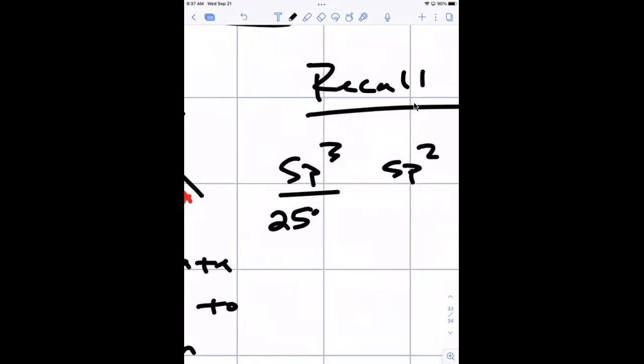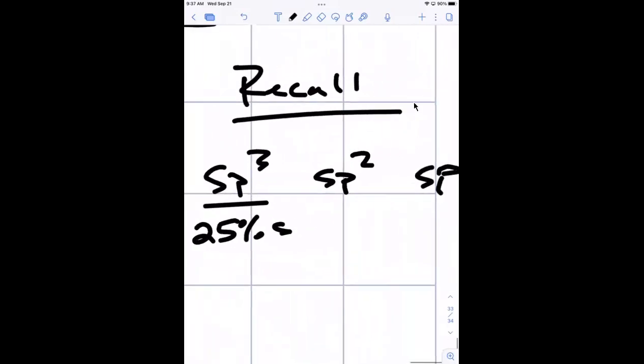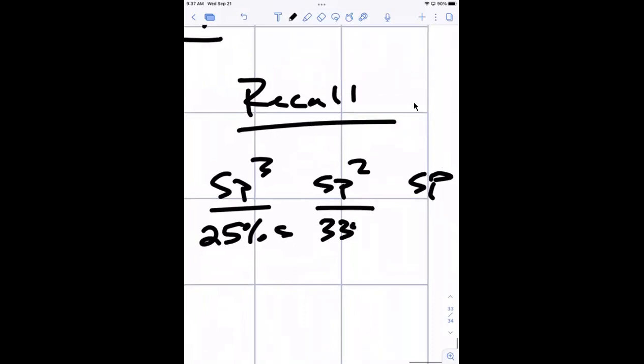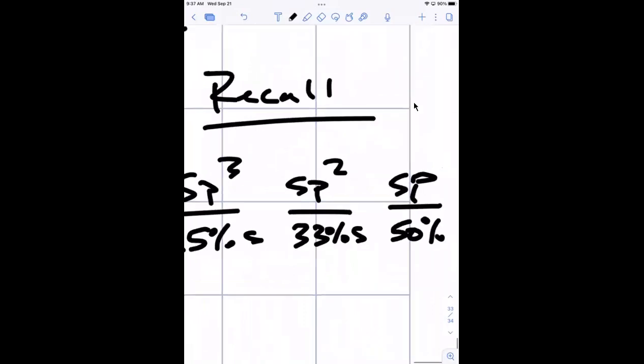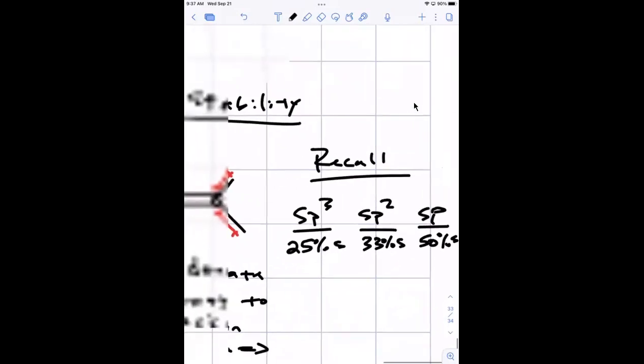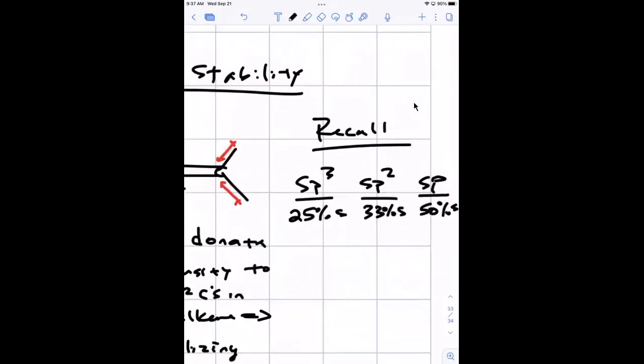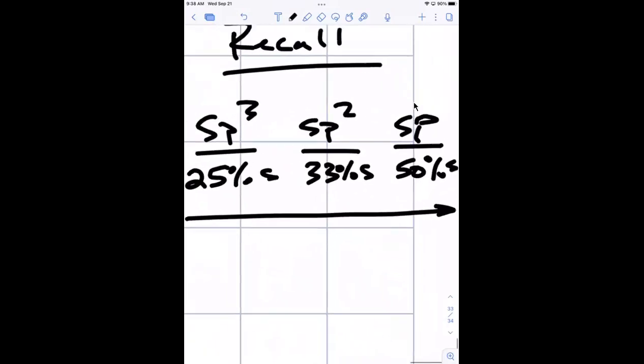All right. So when you think about the sp3, that's 25% s, sp2 is 33% s, and then sp is 50% s. So the relationship is electronegativity increases as the percent s character increases.